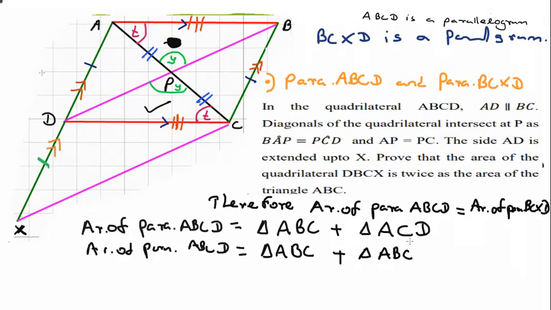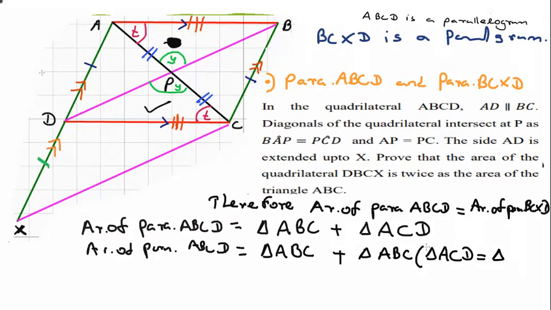Now your examiner would ask, hey, what happened to ACD? Why did you replace ACD with ABC? So you have to tell your examiner that you know that triangle ACD equals triangle ABC.